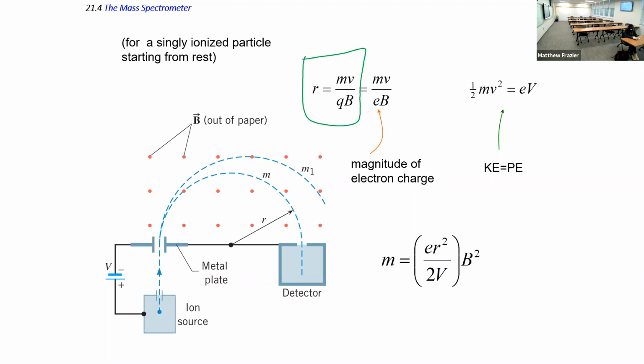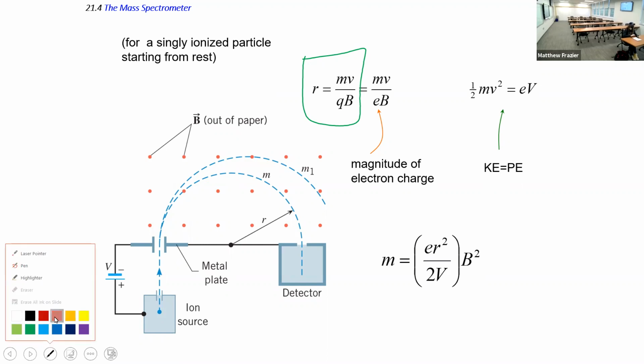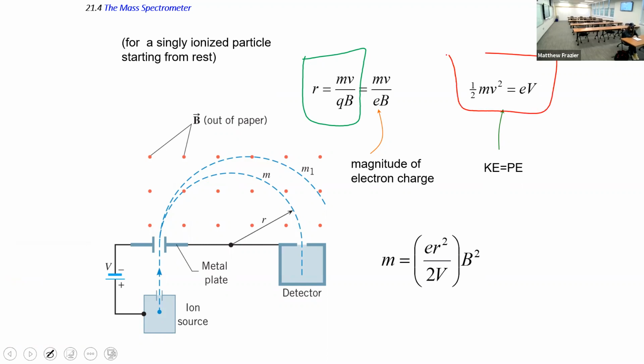And so you can calculate how fast it's going from a relationship: the kinetic energy is equal to the potential energy, which looks like that. So that tells you, when you speed up the particles, how fast they're going, and you can control that.